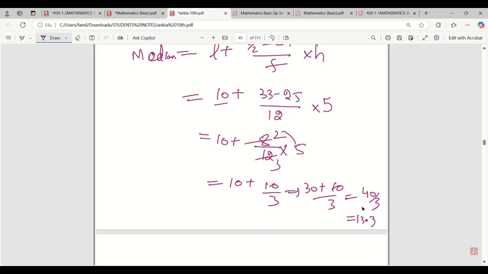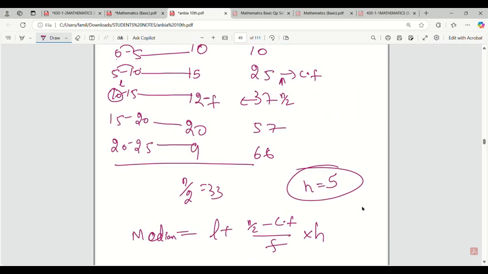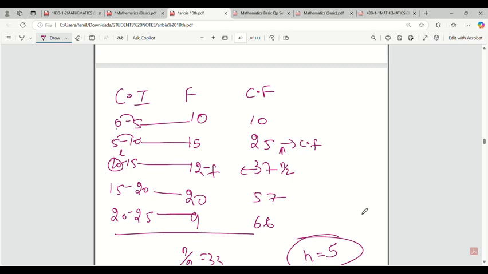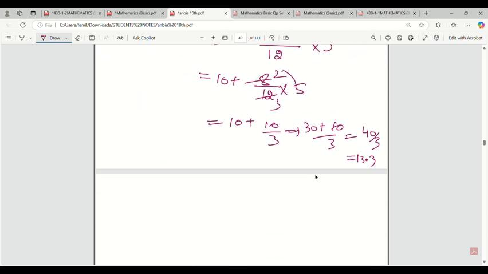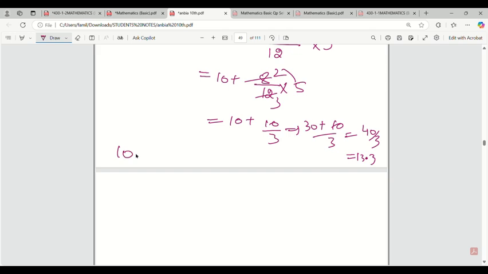Clear till here? See how to identify whether your answer is correct or not. Whatever lower boundary you are getting, the median class here is lying between 10 to 15, right?